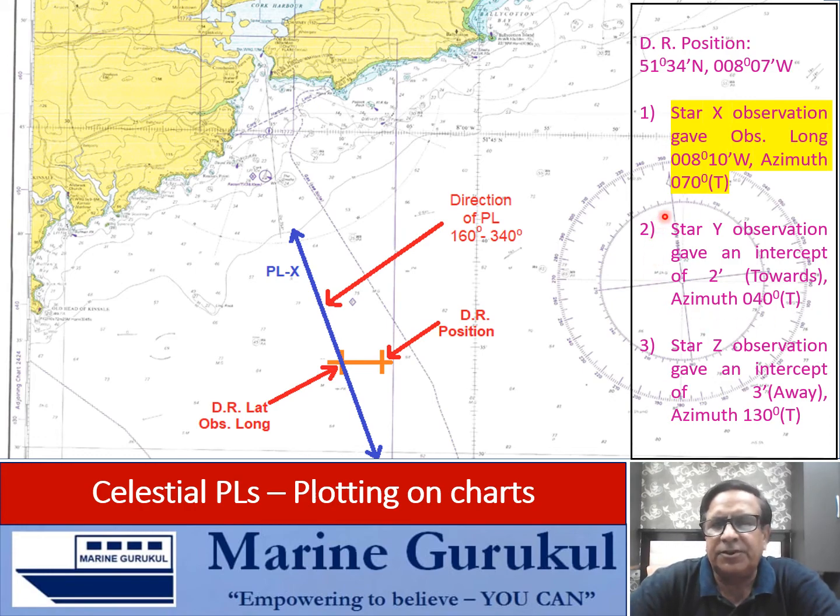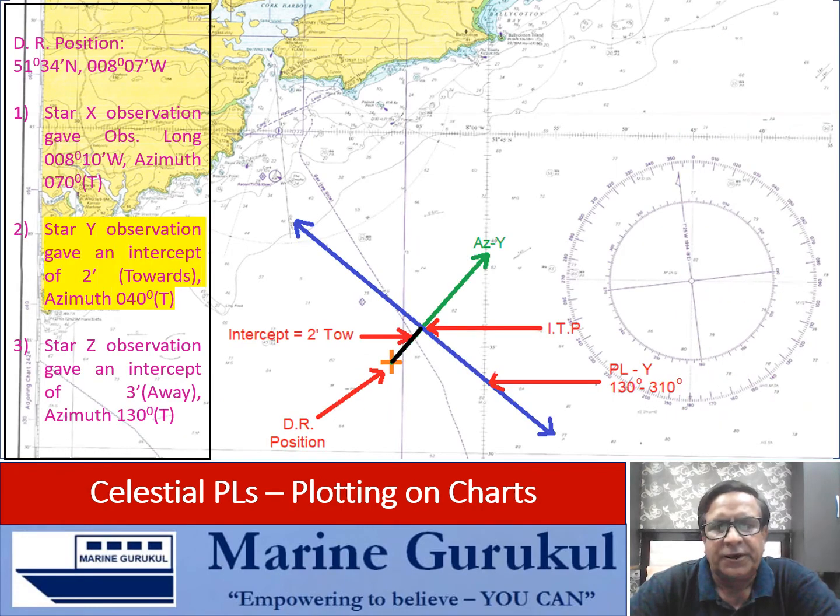When intercept is obtained as output of a celestial observation, the observation then has been solved by intercept method. In intercept method, the PL is drawn through ITP. Now in this case, azimuth is 040, intercept is 2 miles towards, DR position is here.